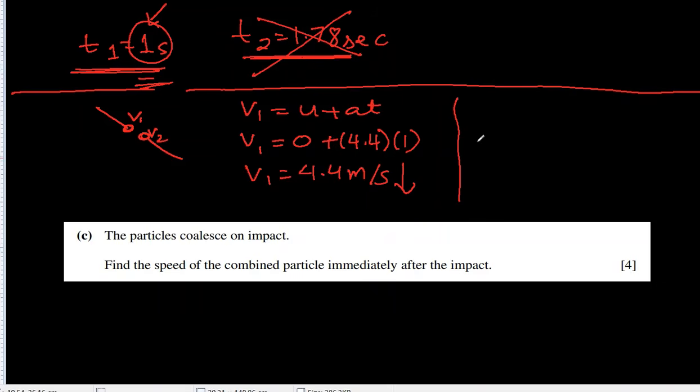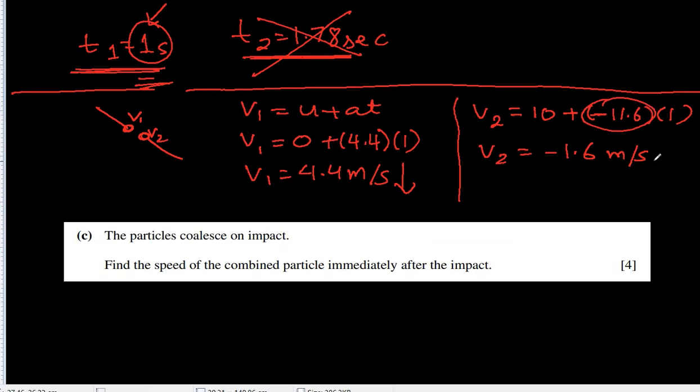Now we'll find V2. u is 10 upwards, but the acceleration is minus 11.6 and time is 1 second. So V2 comes out to be minus 1.6 meters per second. And since minus is the direction of acceleration, which is downwards, that means this is also downwards, right?